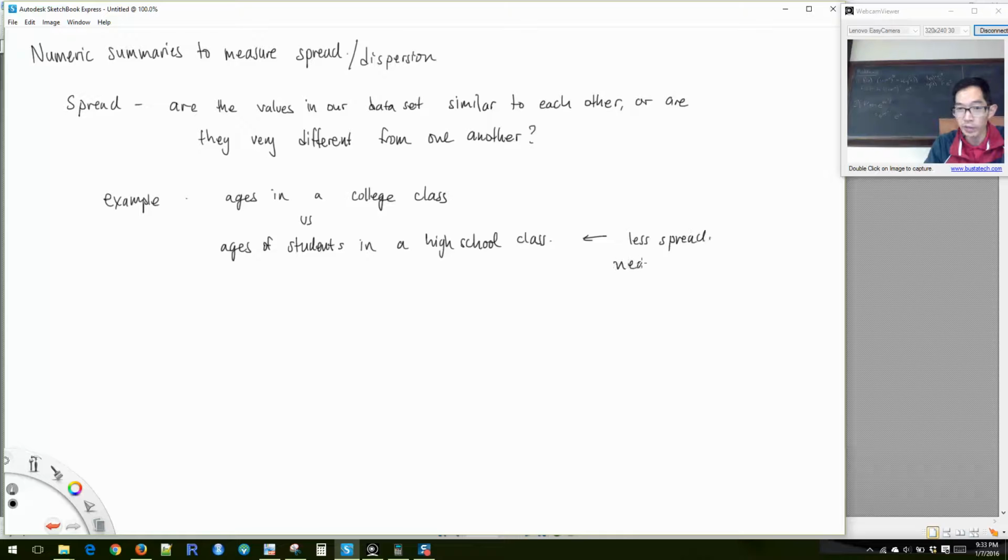Nearly everyone has a very similar age. And over here, much more spread. Larger variation in ages.